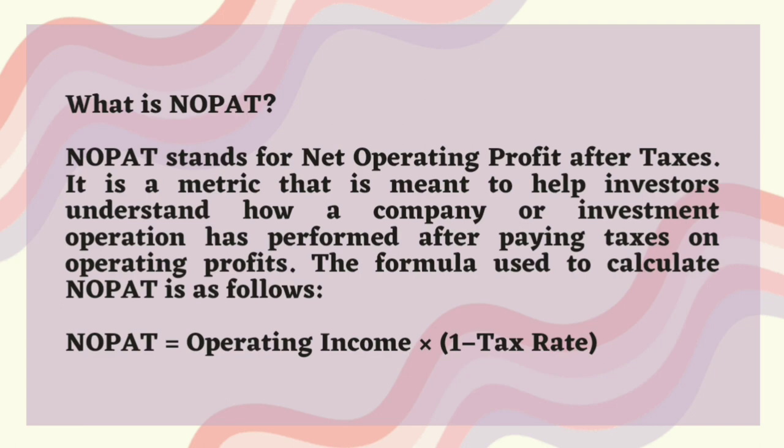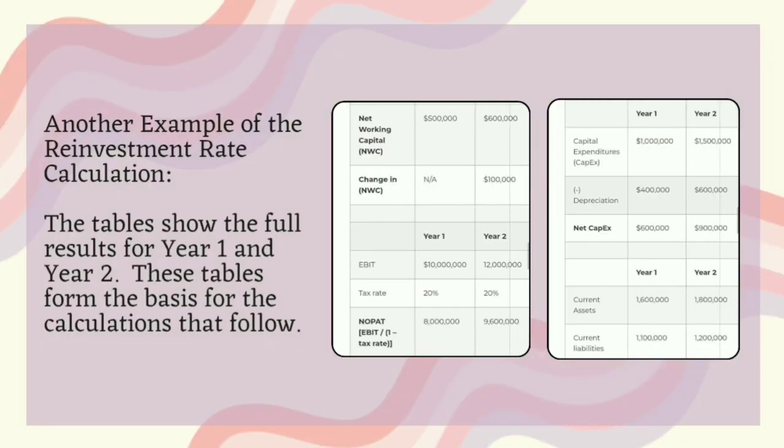The tax rate is the percentage of operating income that the government mandates that the company or investment firm must pay. By calculating one minus the tax rate, we are able to determine how much of the operating income the company or investment firm gets to retain.